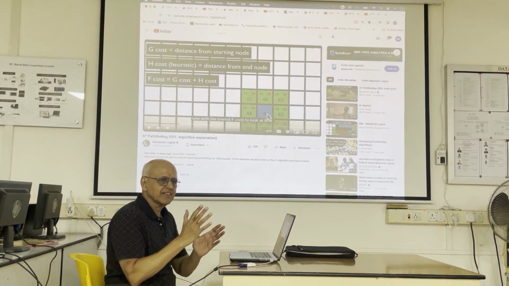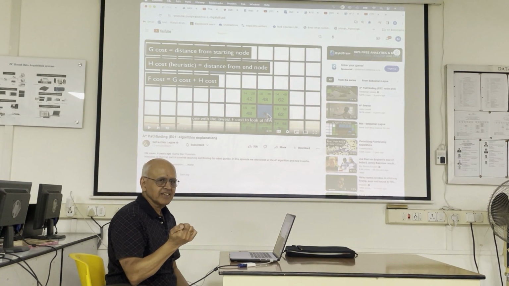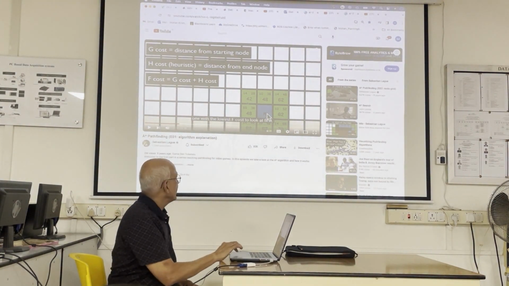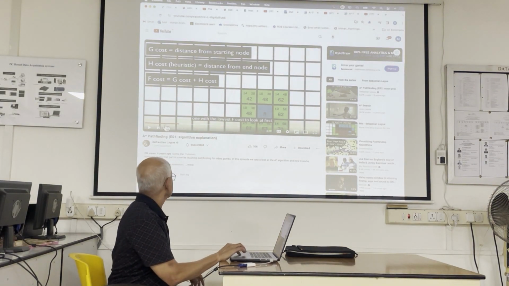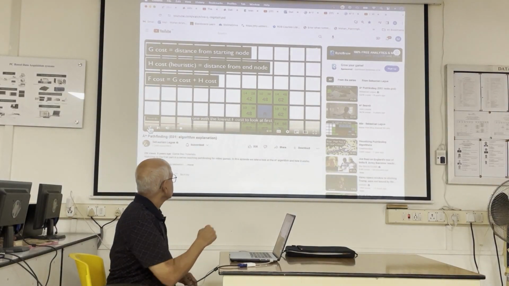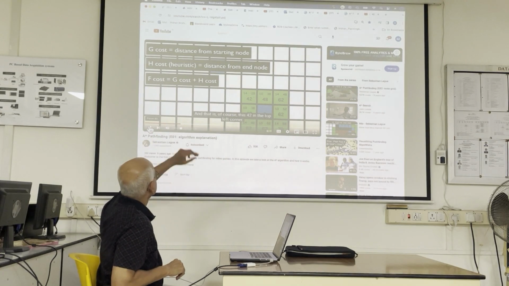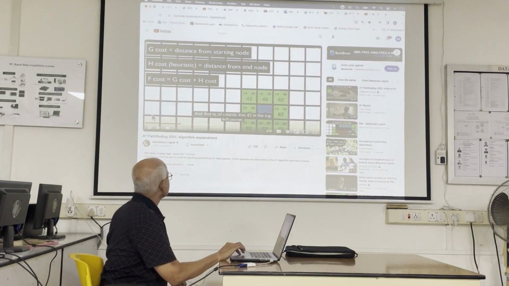It was all G, because there was no heuristic. But here, it's the lowest F cost. So this one, 42, all of the others are higher, so that's what it's going to put on the path. Lowest F cost to look at first, and that is of course this 42 in the top left corner.